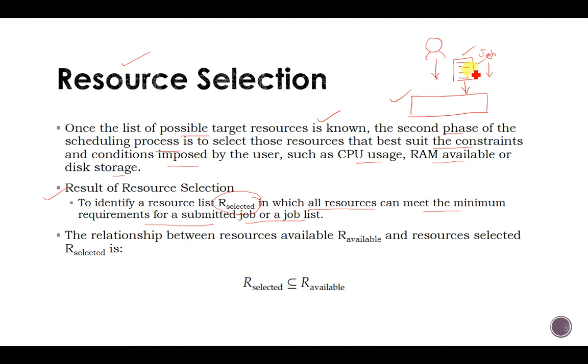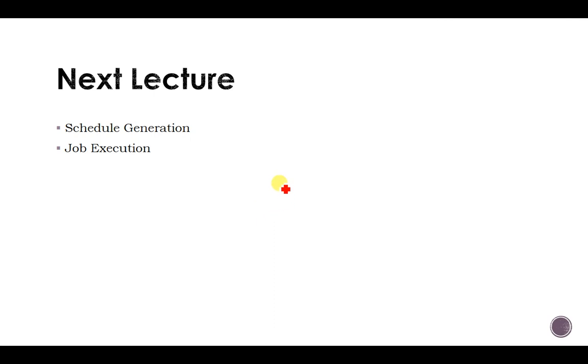These requirements must be satisfied by the resources selected. The relationship between the resources available and the resources selected can be represented like this: R selected is a subset of R available. That means there are several resources available, out of which you have selected some that will satisfy the job requirements. Right? That's all for today's talk.